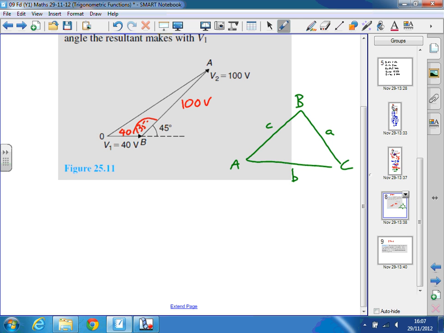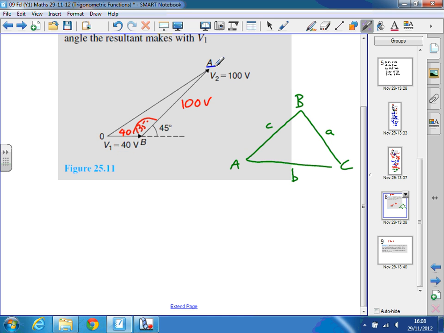Again, I repeat that the sine rule can only be used if we know a side and the angle opposite it: a and angle A, or c and angle C, or b and angle B. In this case we don't know that. We know angle B, but we don't know the side opposite it. We know this side here, call that side a, but we don't know angle A, and so on. So we can't use the sine rule.